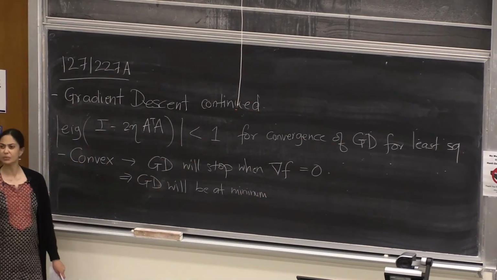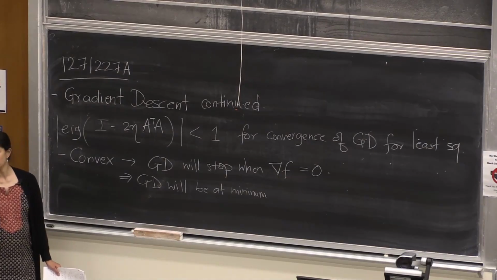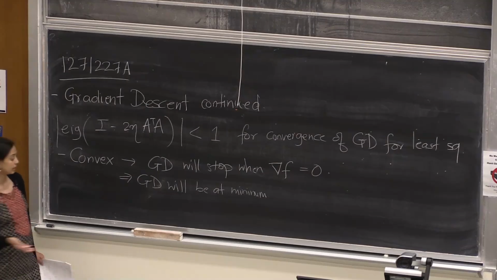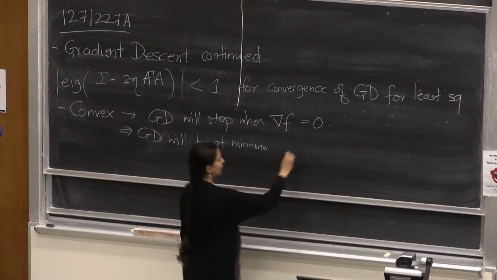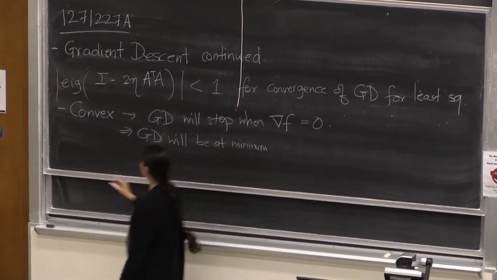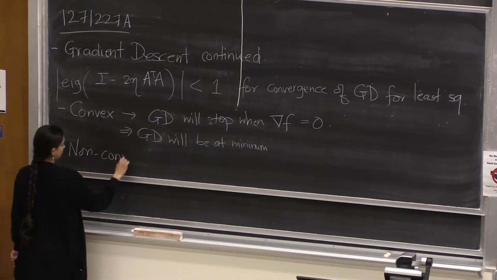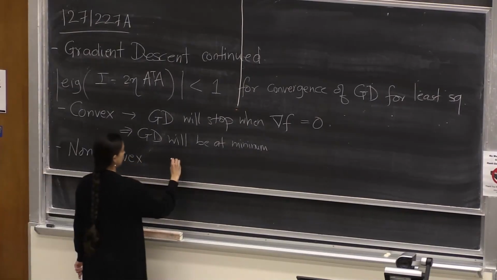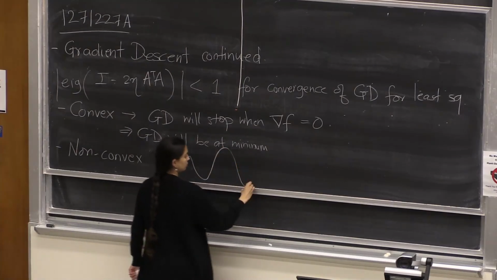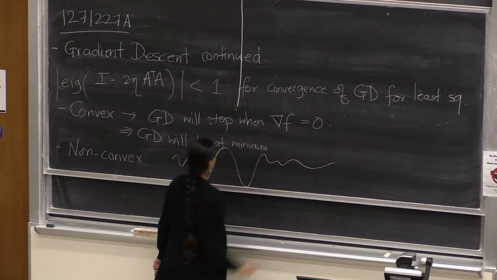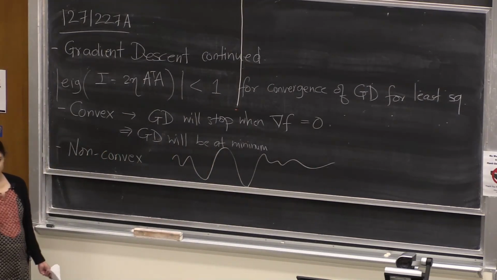But the question is, can we say anything beyond convex functions? Convex functions are great, but we have a lot of non-convex things. And in particular, what happens if you have some function that is non-convex, maybe of this form, super wiggly, something like this? How do I know what gradient descent is going to do?